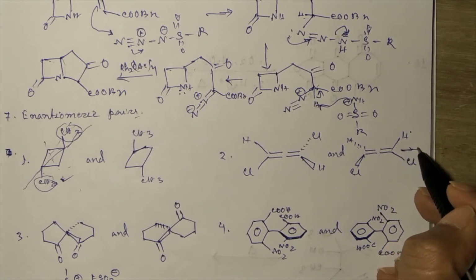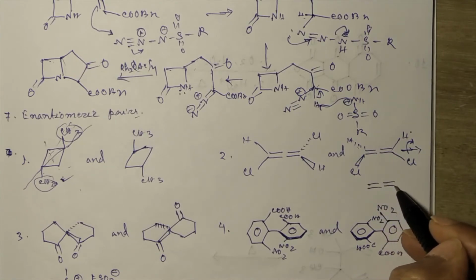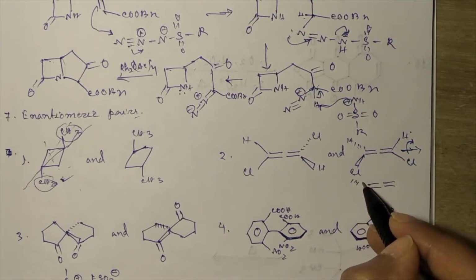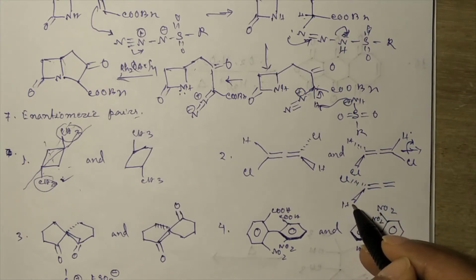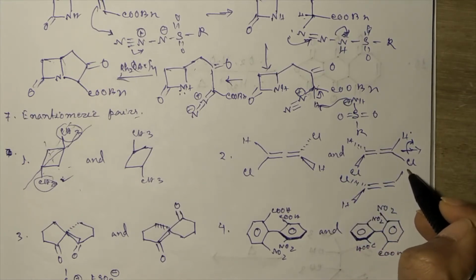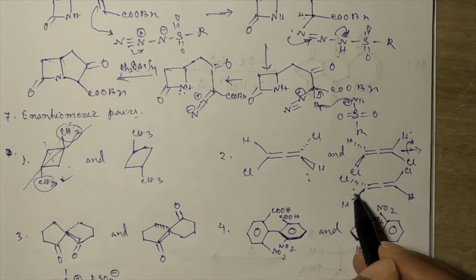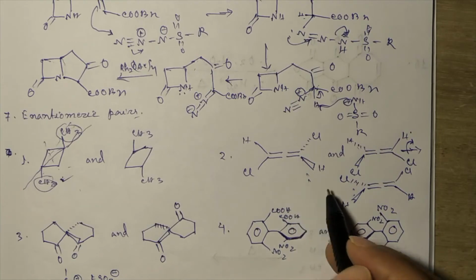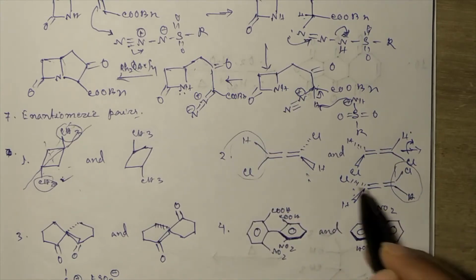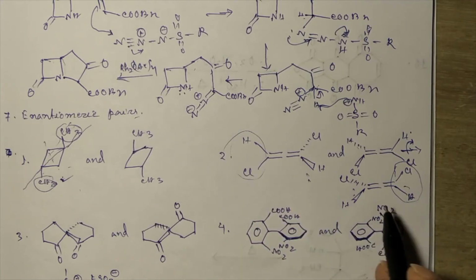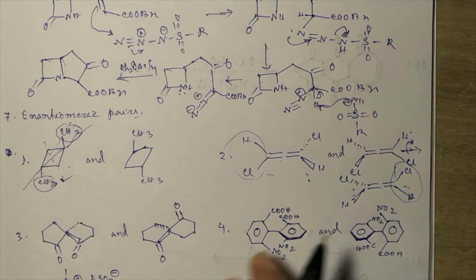So if we rotate this, we'll get the Cl will go below, hydrogen will come above, and here will be Cl, it will be hydrogen. Now if we compare these two, then we can see that this part is not matching with this. So these two are not mirror image relationship, these two are not enantiomers.